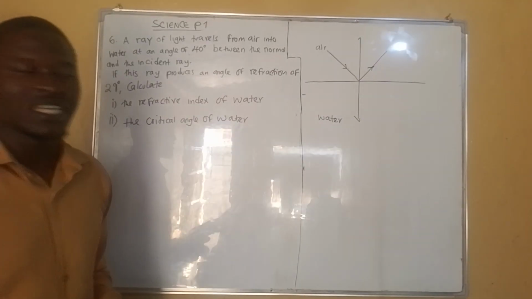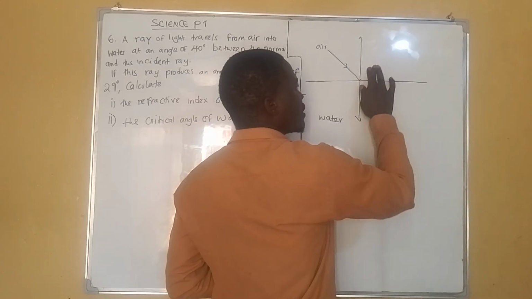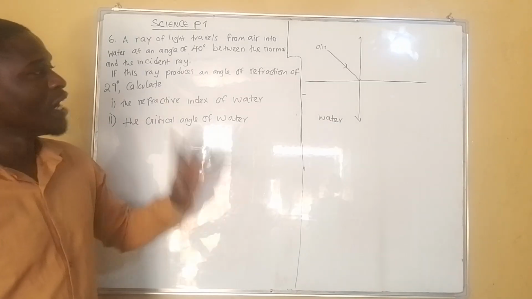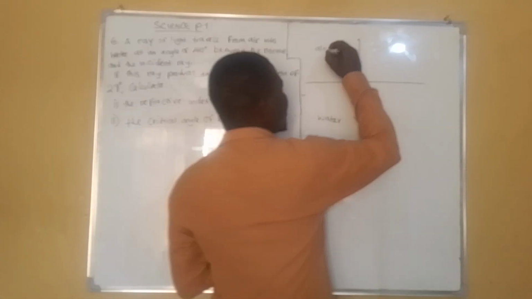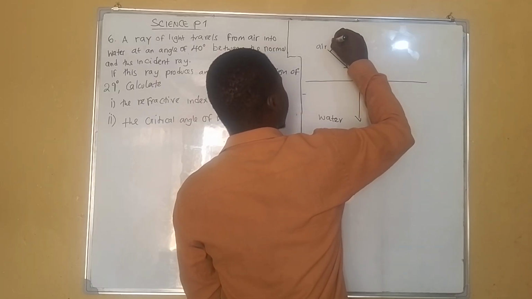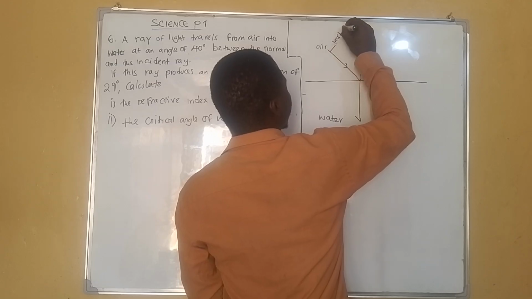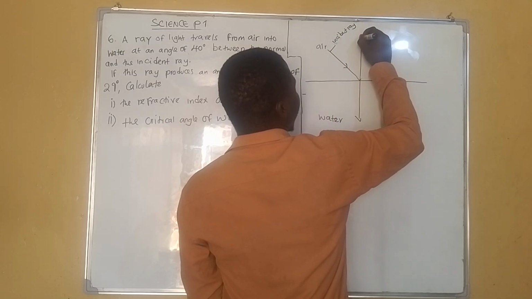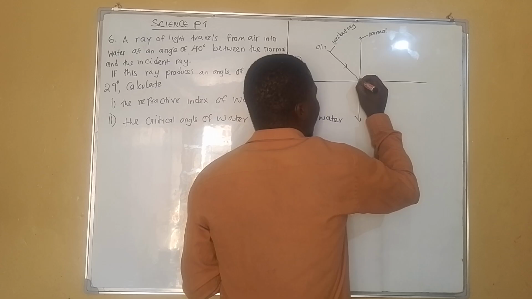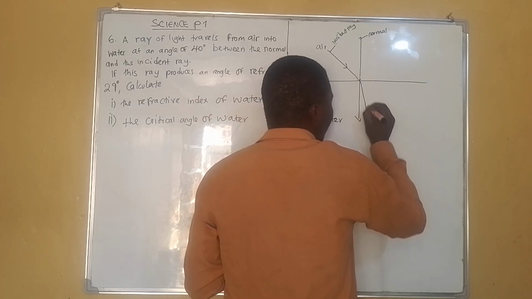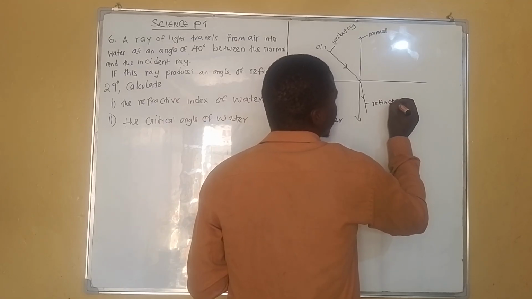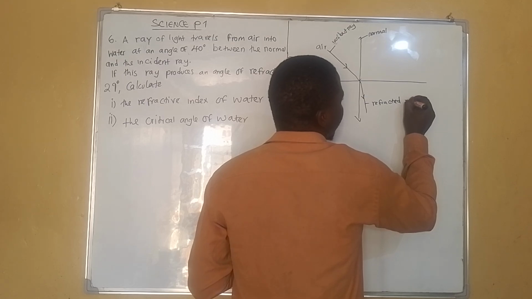When a light wave is coming from another medium, it penetrates into another medium. Now, what you need to know is this. This is what is known as the incident ray. This line is the normal. And then this one will be the reflected ray.